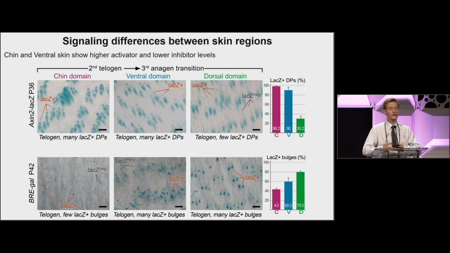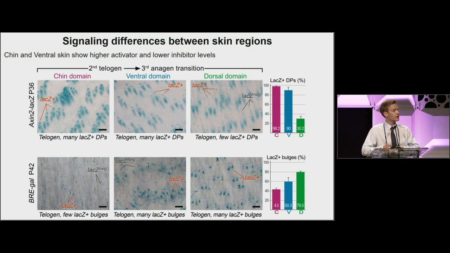Such that ventral skin appears to have more activation signals. So the key role of Wnt and BMP signaling in guiding domain-specific hair cycle is also demonstrated here using reporter mice. At the top is the Wnt reporter mouse, done at the same time point between chin, ventral, and dorsal skin. What we're looking at are telogen hair follicles with Wnt-positive dermal papillae.